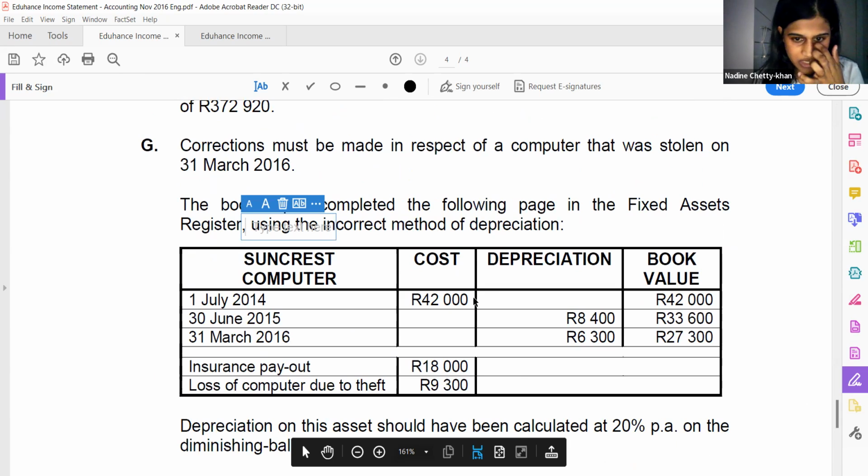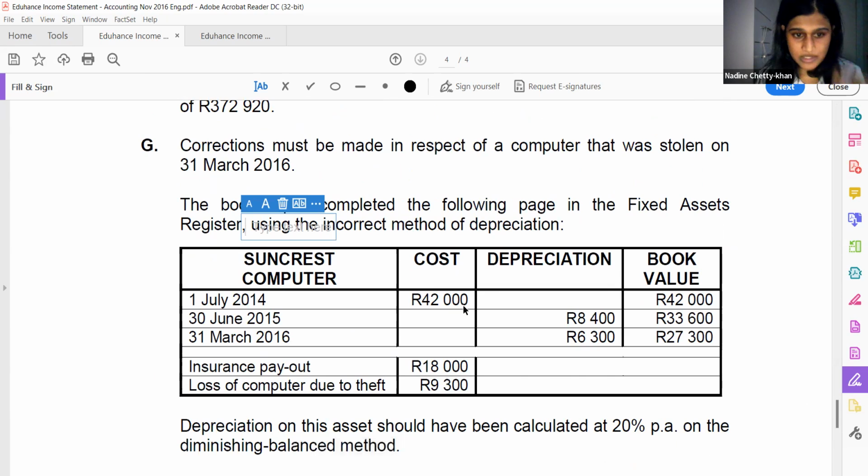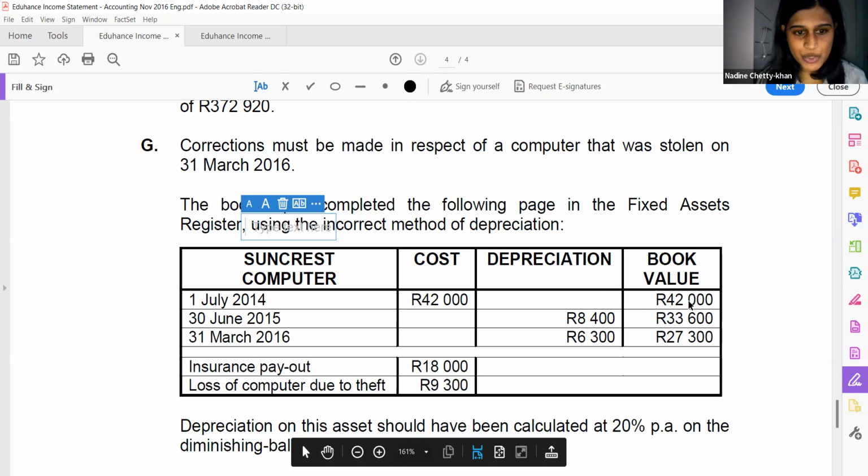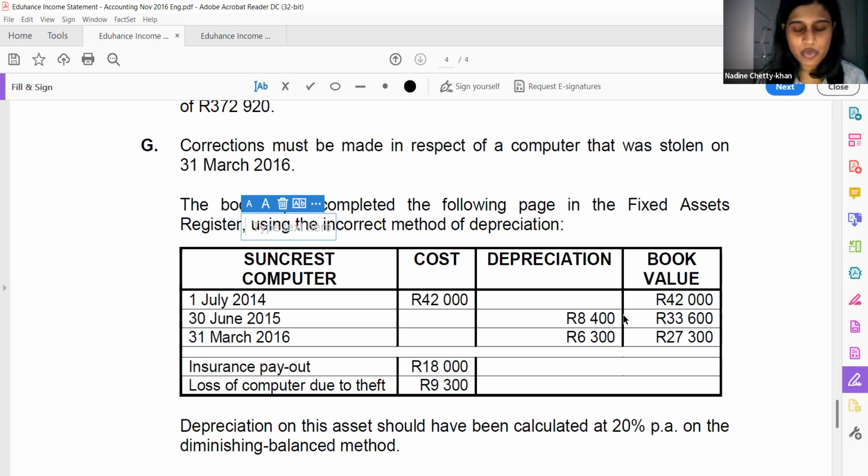So we had something at cost of 42,000. It was bought in 2014. There's the depreciation, nothing in 2014. At the end of 2015, for the first year, we charged depreciation of 8,400, and there's 33,600. And then 31st March, that is when the computer was stolen.